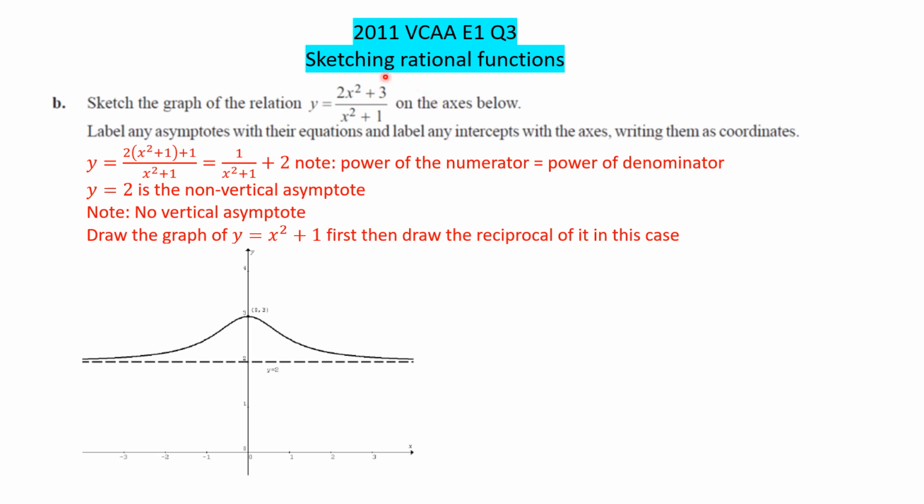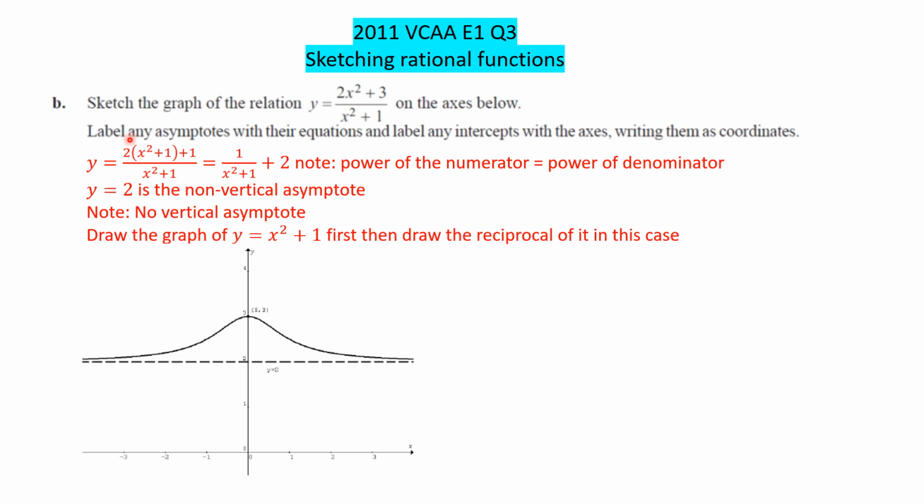Okay, this one is exam 1. Again, you can say that the numerator and denominator have the same power. So what you can do is split that up, because the denominator you cannot factorize. You can use long division, or you can just use a trick like this, because we want to cancel x squared plus 1 out.